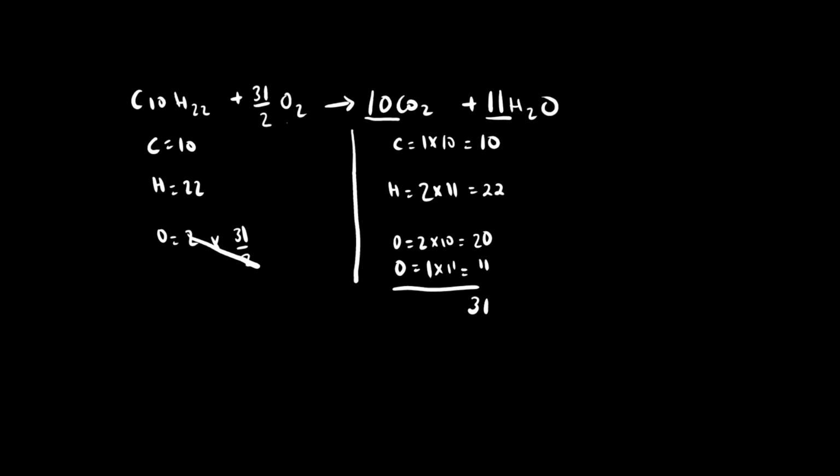And remember, our coefficient cannot be a fraction, so we need to multiply this whole left side of the equation by 2. And since it's an equation, what you do to the left, you also have to do to the right. So we're going to multiply both sides by 2. 2 in front of our decane, 31.